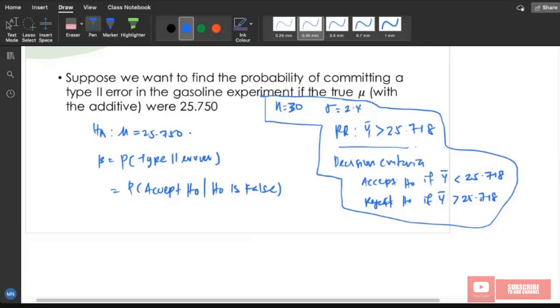Right, so this is the decision criteria. Accept the null hypothesis when y bar is less than 25.718, and when the null hypothesis is false, this is the alternative hypothesis, mu is equal to 25.750, right?